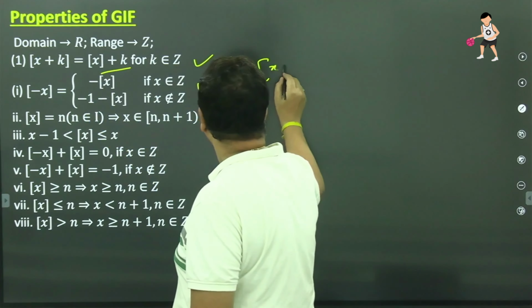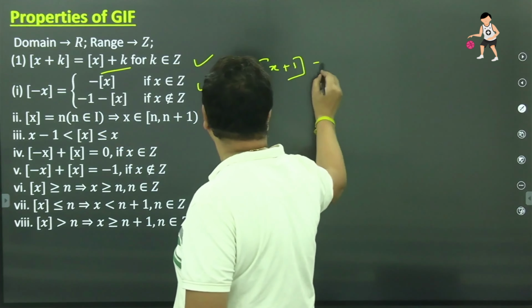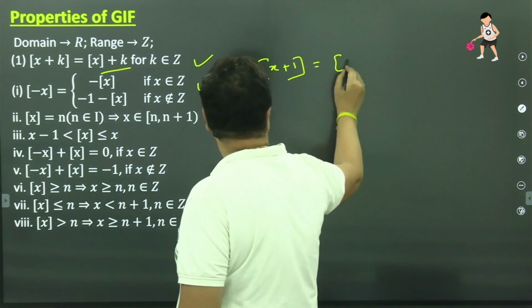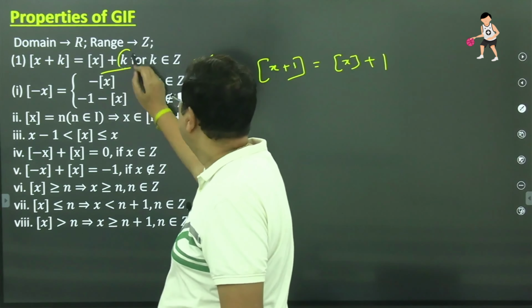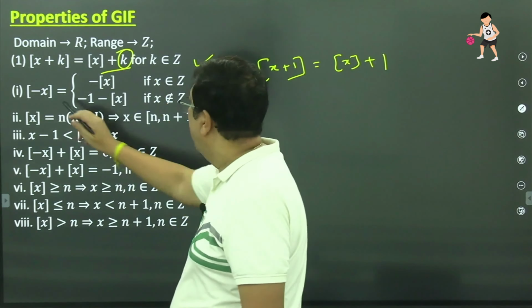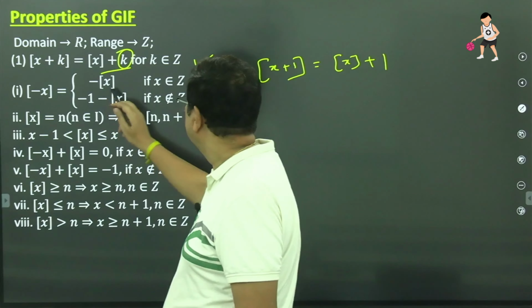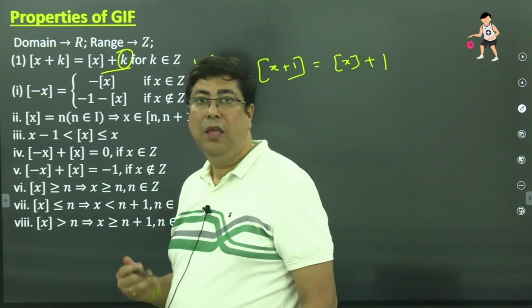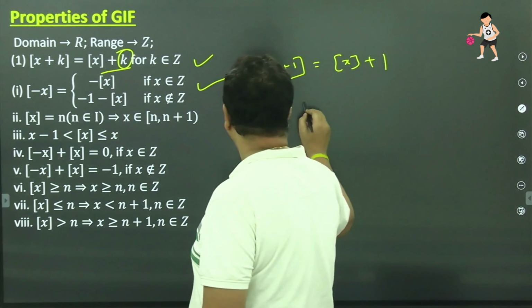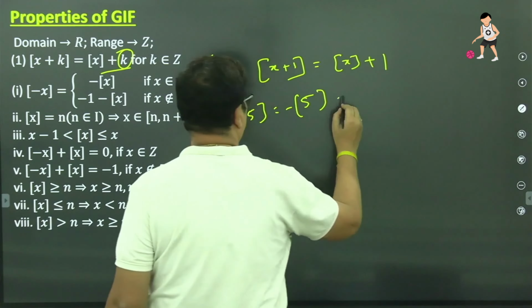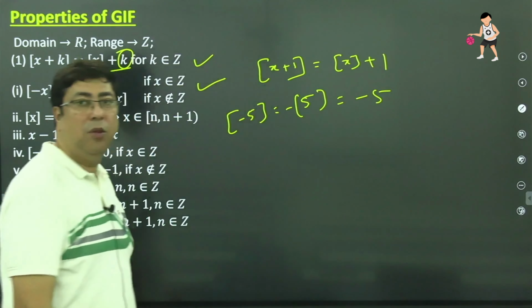So floor of x plus 1, we did such sums previously, can be done easily if we write floor x plus 1, where k belongs to the integers. Floor of minus x equal to minus floor x when x belongs to the integers. Obviously, floor of minus 5 equal to minus floor of 5 is minus 5. There is no problem here.